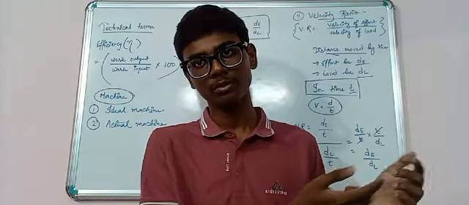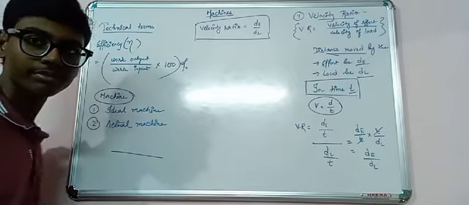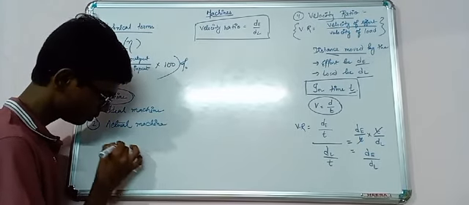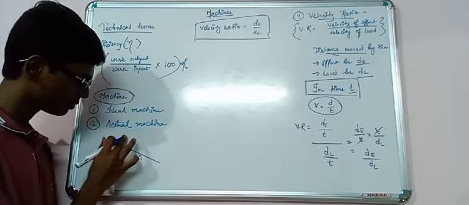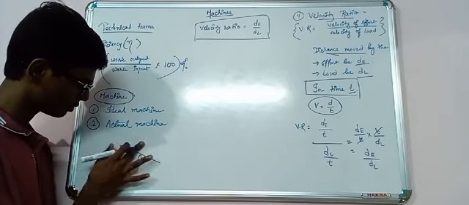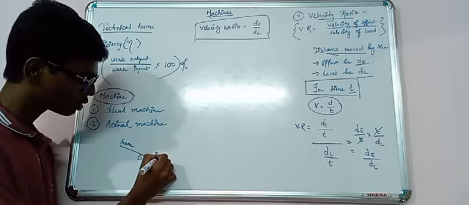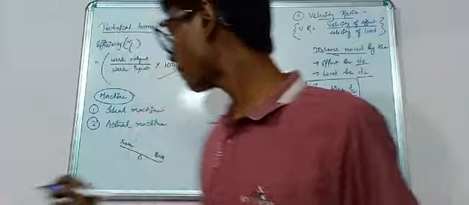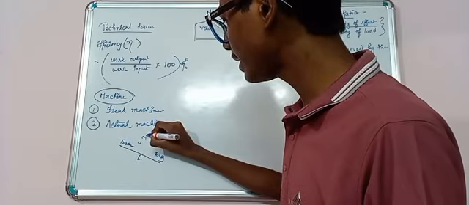go up. I repeat, suppose you have a seesaw. Suppose this is my seesaw. You are applying your force here, and here you have your school bag. Suppose you have applied a force equal to 30 Newton.